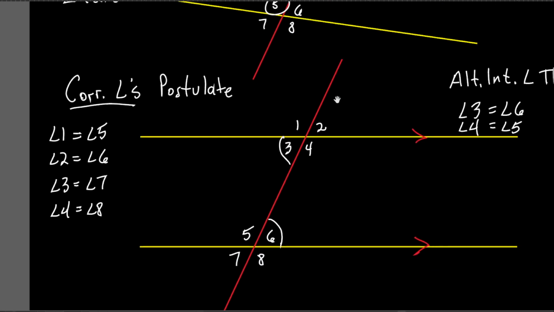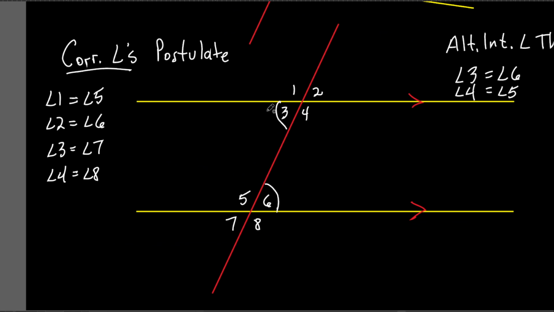Let's go back to this. Let's take a look at 3 and 5. Do you think that our theorem, because we have a theorem and we call it the consecutive interior angle theorem, I'll just shorten theorem. Okay. Do you think that they're equal to each other, like the corresponding and the alternate interior ones? Look at 3 and 5.